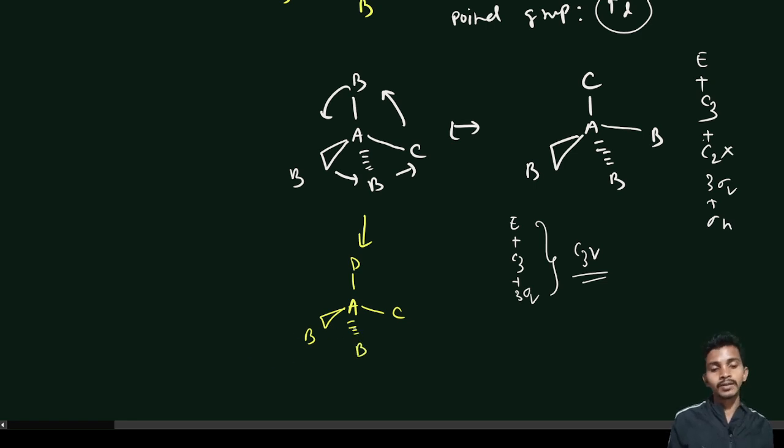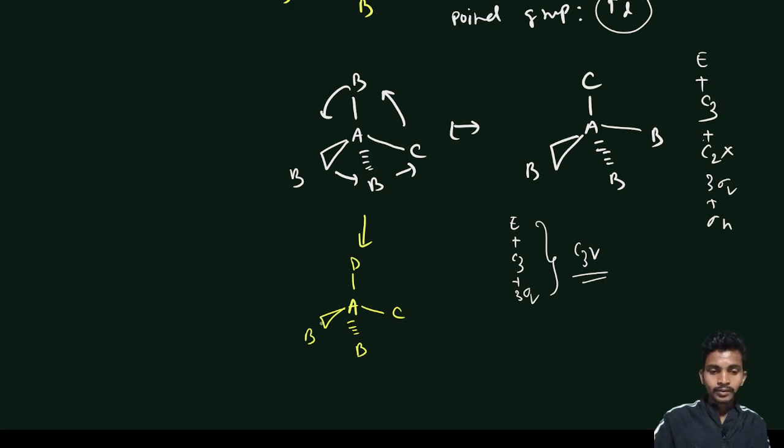So here what axis is present? See that two are the same and two are different. It means one is front and one is back. So two are the same, and one is front and one is back, and one is above, and two are in plane. Okay, so let's say two are in plane.